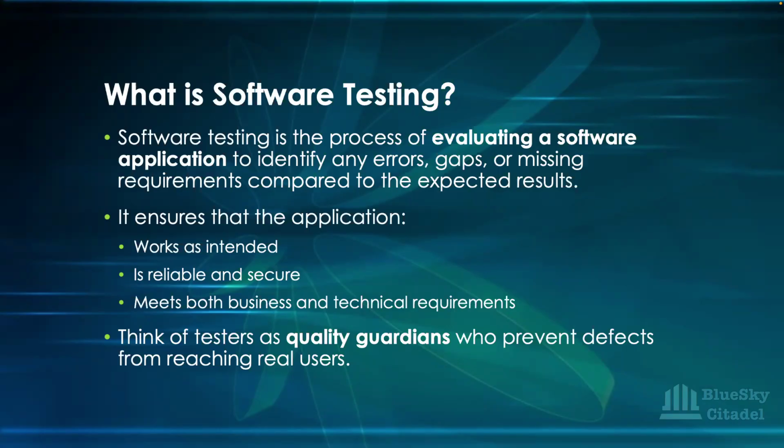So the security and reliability of the software, and also ensure that it meets both business and technical requirements. The business and technical requirement part is just, are you doing what your client asks you to do? For instance, if they ask you to test a login page, the login page may work fine, may pass the security test, may be reliable, but it may not be what was asked.